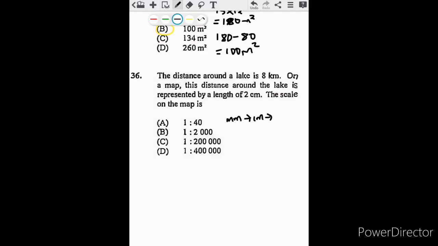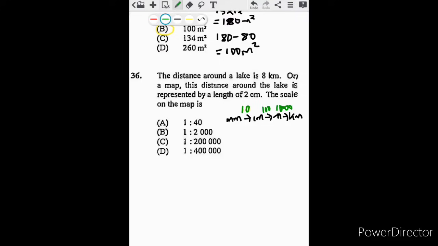From millimeters to centimeters, we know that's 10. Let's write this in green. And then centimeters to meters, that's 100. And then meters to kilometers is 1000.